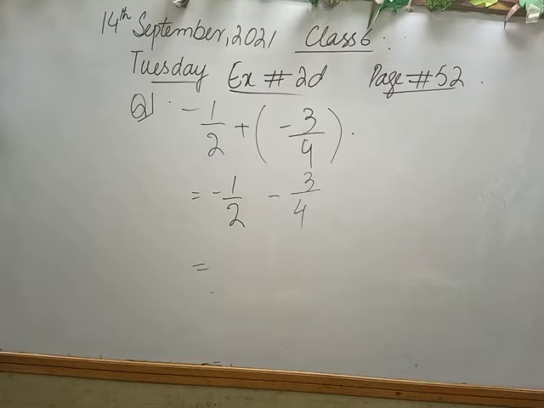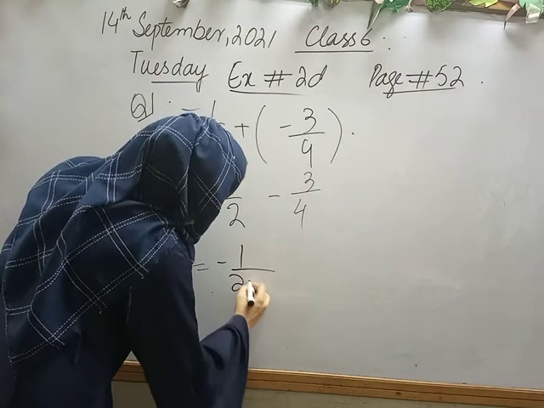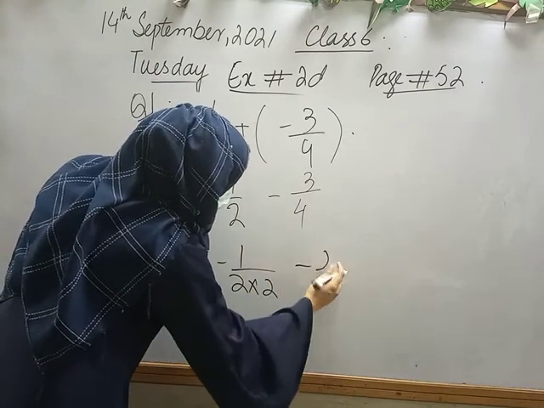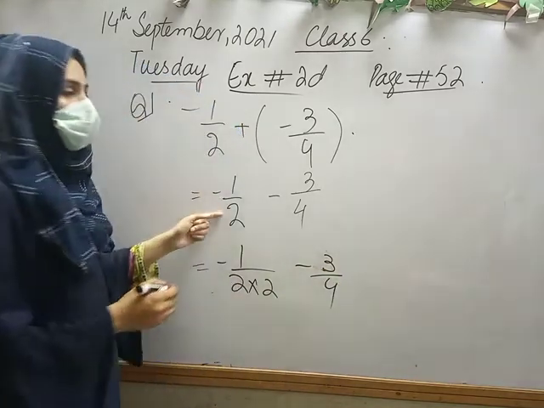If you look, in the first fraction we have 2 in the denominator and in the next we have 4. So shall we make 2 into 4? Can we make 2 into 4? Yes, we can make it by multiplying the denominator by 2.